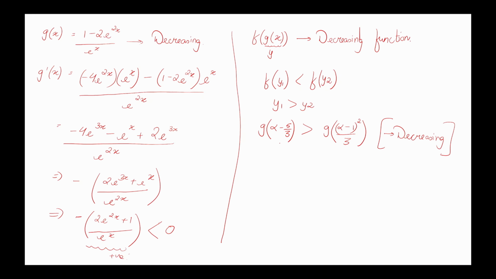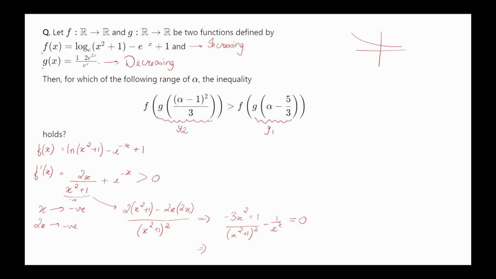So as per the decreasing function formula, I can say that alpha minus 1 whole square by 3 would be greater than alpha minus 5 by 3. Of course, the roles would be reversed. Now, based on this inequality, I can find out what my range of alpha is going to be. And that is exactly what we had to find in this question. What would be the range of alpha so that this inequality is true?